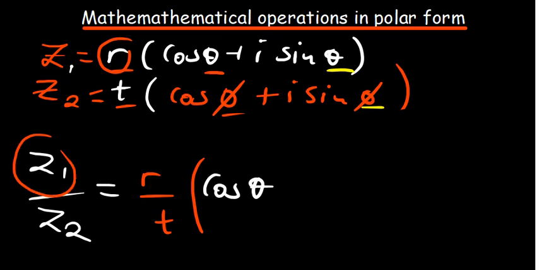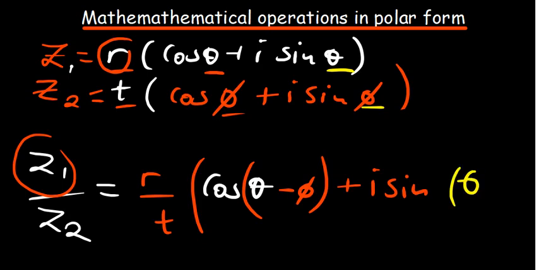Here we subtract the angles. Plus i sine, and we do the same there, we subtract. So instead of adding, for division we divide the absolute values and subtract the angles.